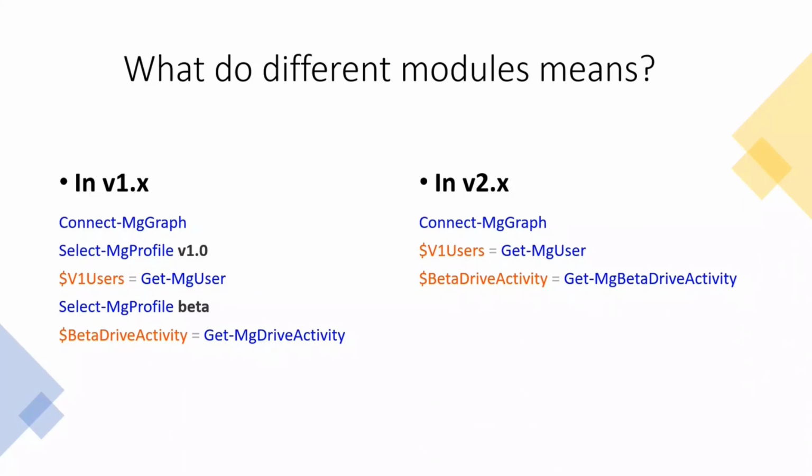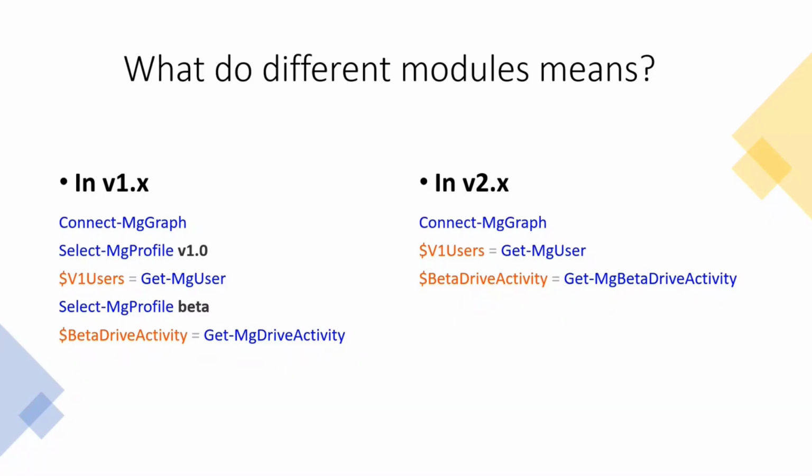And now in V2 we have the beta prefix. So as you can see in the V2 code snippet here, we have Get-MgBetaDriveActivity. So this beta word was included as part of the beta module.